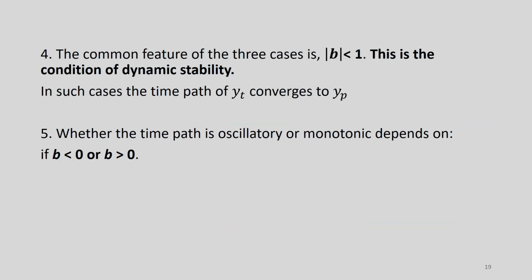So, this is something to remember: number 1, dynamic stability is ensured if the absolute value of b is less than 1. Number 2, whether we have oscillation or monotonic movement depends on the sign of b, whether it is greater than 0 or less than 0.